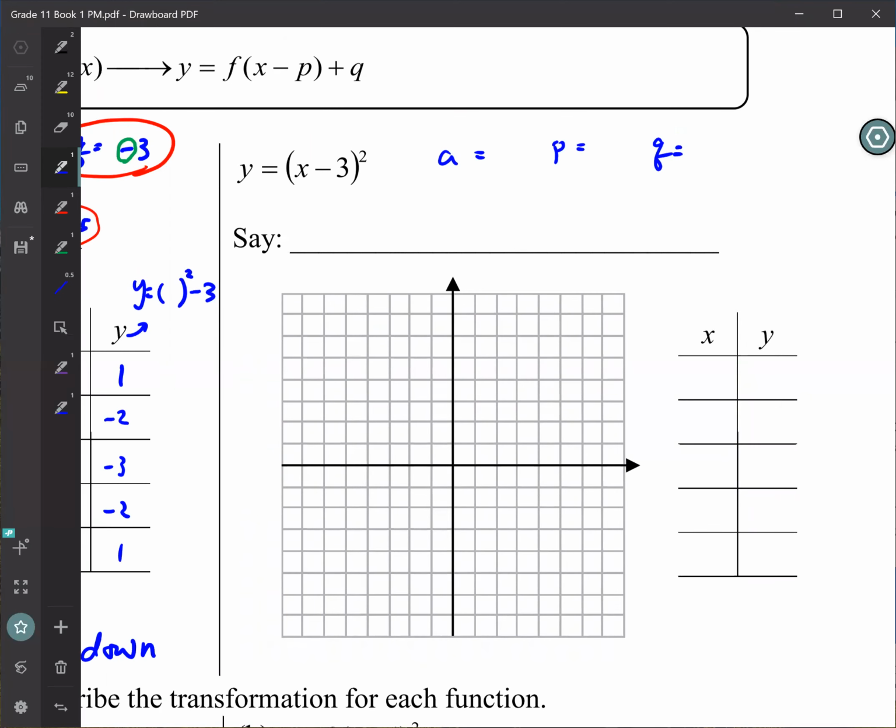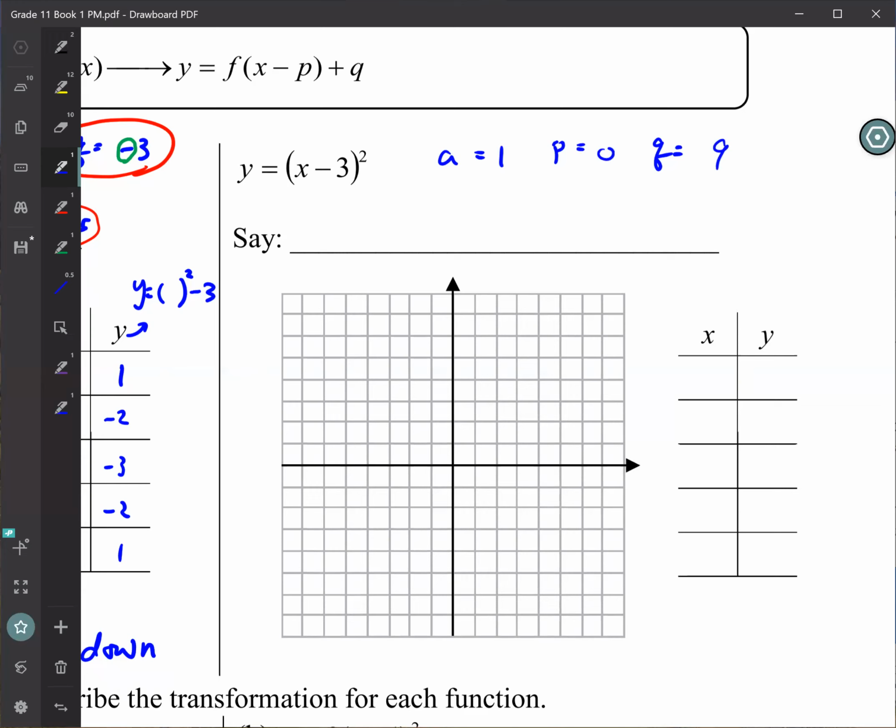Is A 1, P is 0, and then 9? Okay, I don't see any 9 there. How'd you get 9?